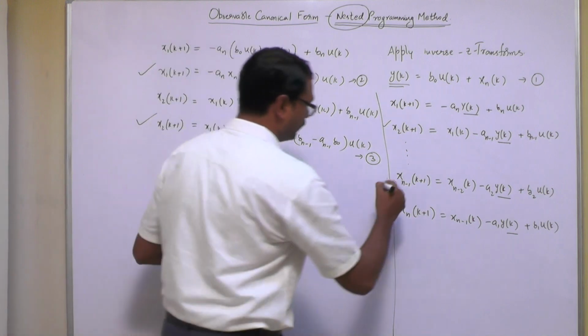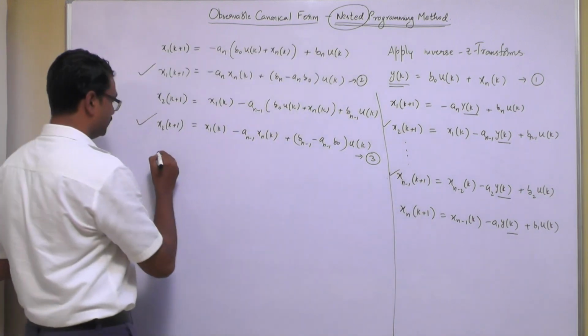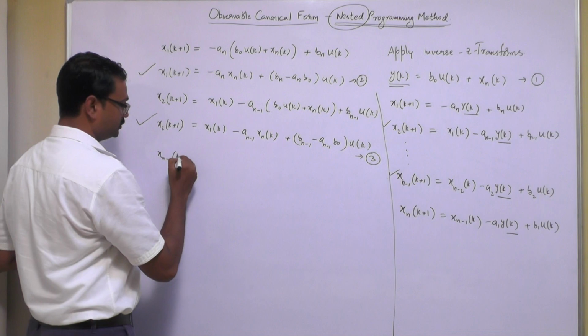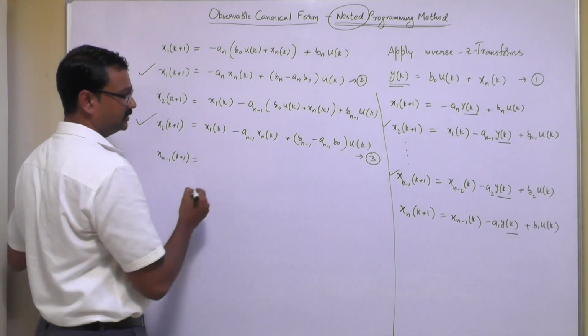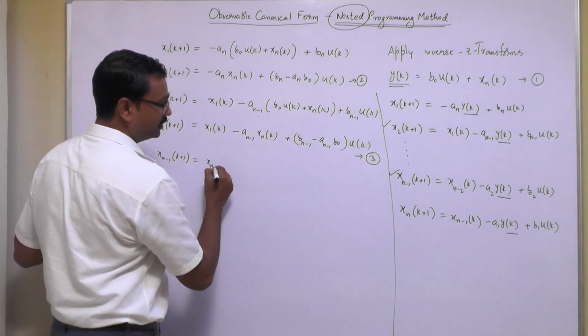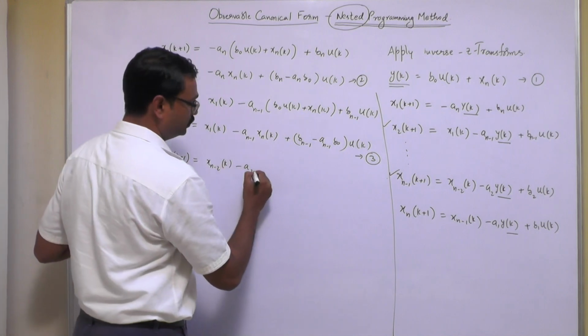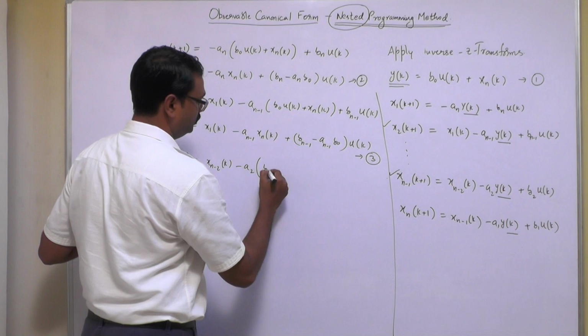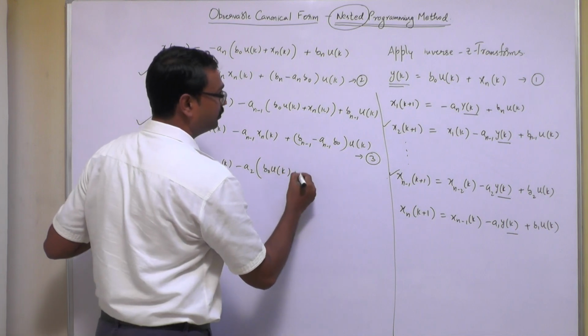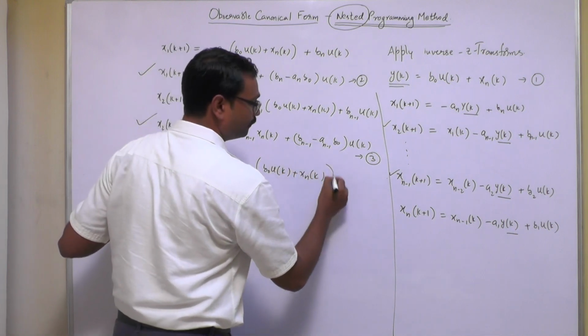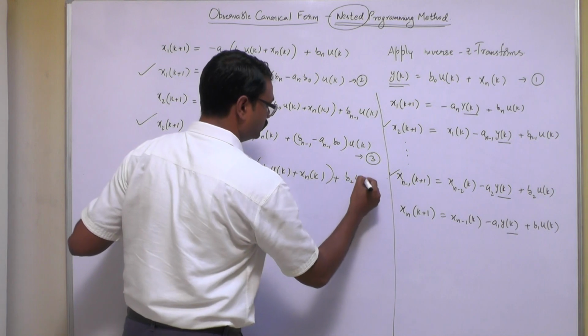Now we will go for this. xn-1(k+1) can be written as xn-2(k) - a2 (b0 u(k) + xn(k)) + b2 u(k).